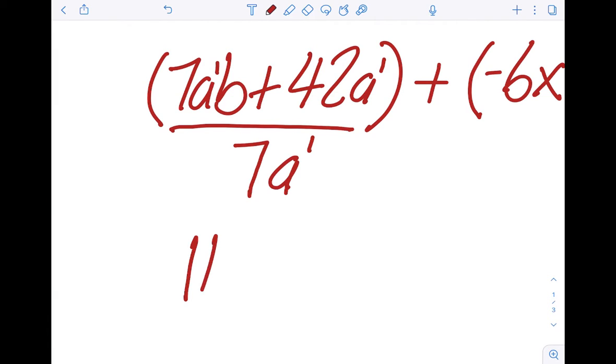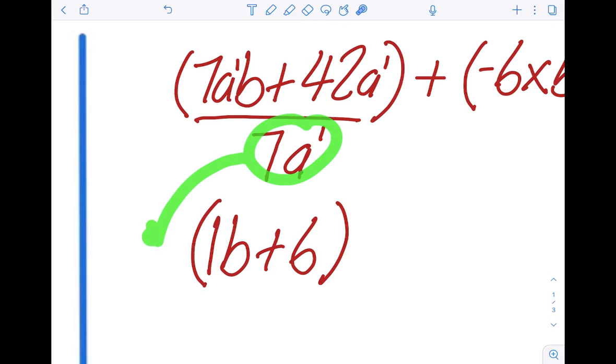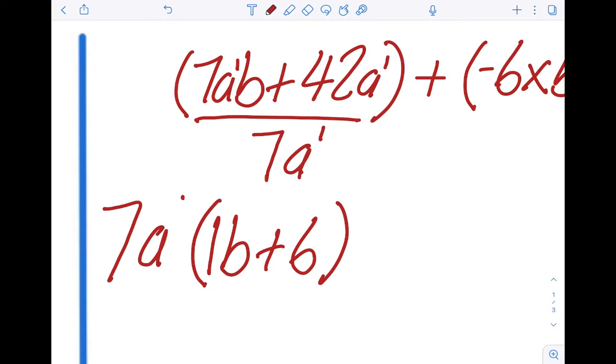So this b is just going to come down just like this. 42 divided by 7 is a positive 6, plus 6. And a to the first over a to the first, 1 minus 1 is 0, so no more a's. And then remember, we're going to take our 7a to the first, and write it right here, right in front.